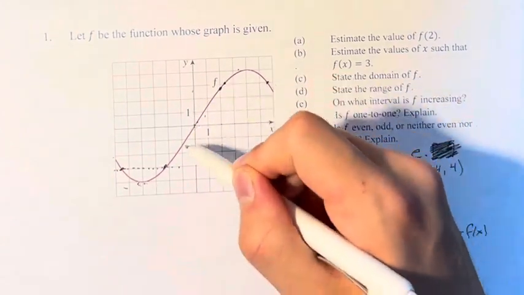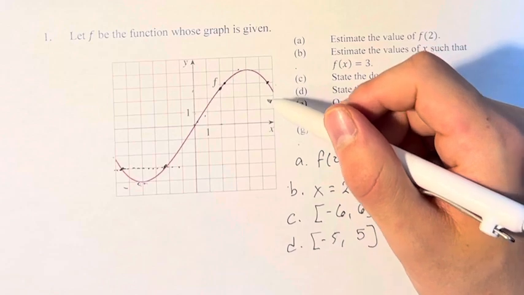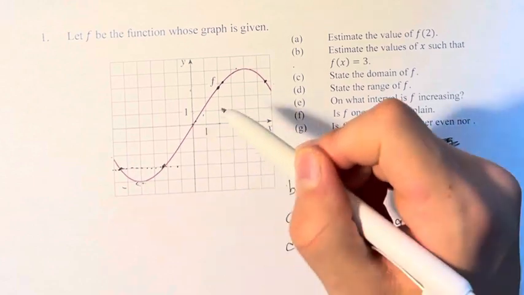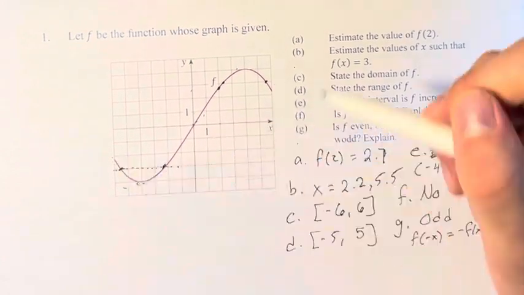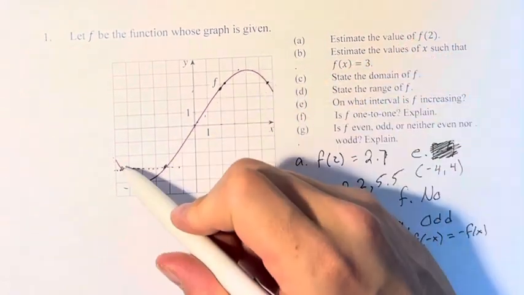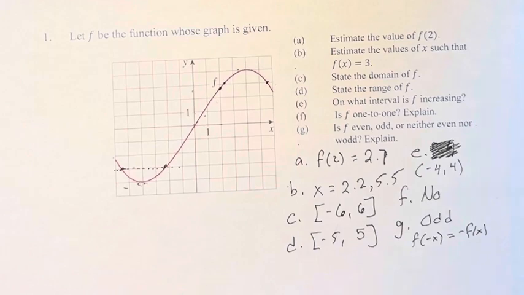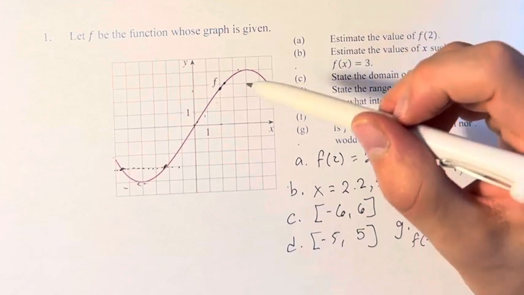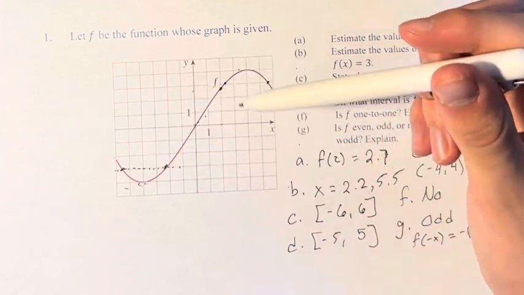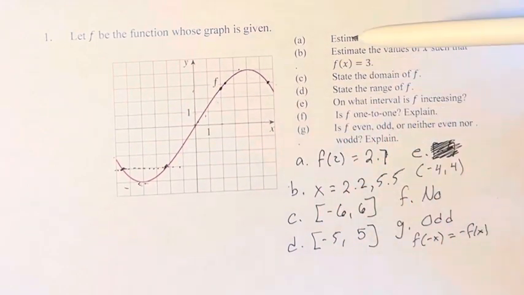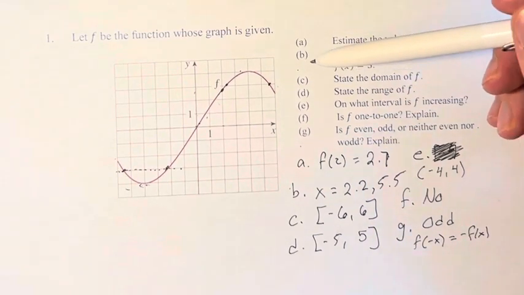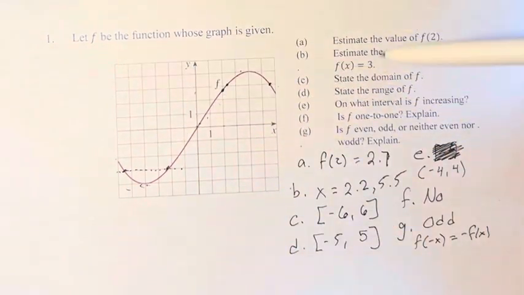Therefore, all of these positive x values are reflected by these negative x values. Then we hit a maximum point where the magnitude of the points is the greatest, and then we go back down again. We have the same thing here, just positive and negative. So that's the visual way that you have to see is this function odd or even? Because you're never going to be able to plot enough points, especially if you don't have the equation of the function, to be able to test this.